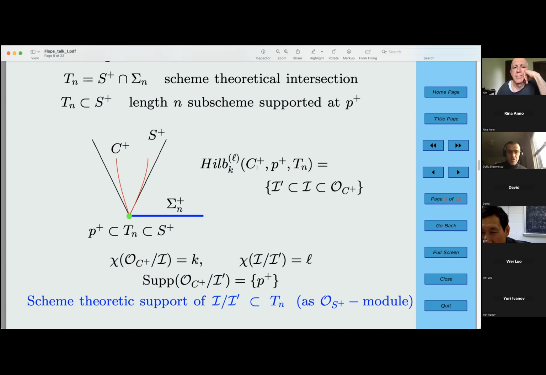Technically it doesn't work because you can't define a virtual pullback, and what gets in the way is this condition written in blue at the bottom of the slide. It's because it's a scheme theoretic condition. Oh, I see.